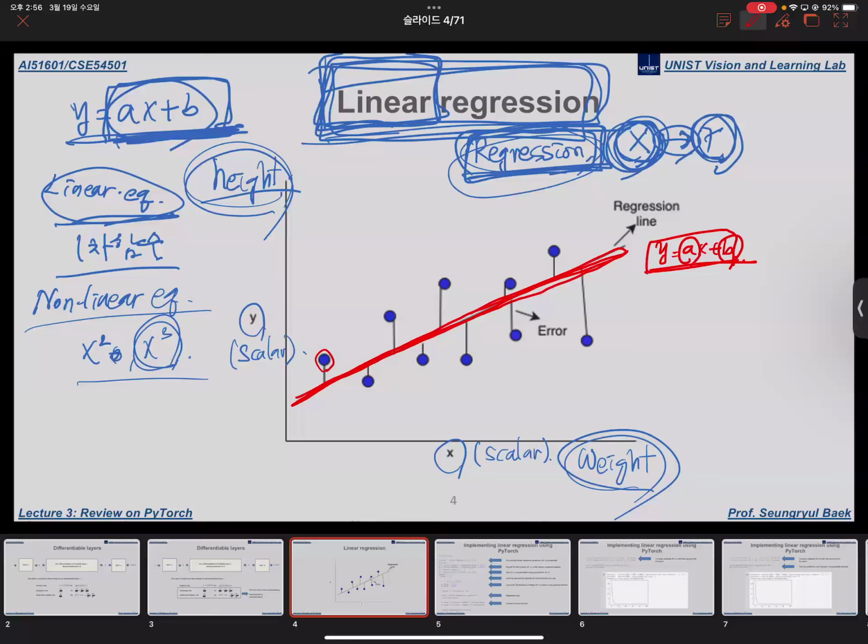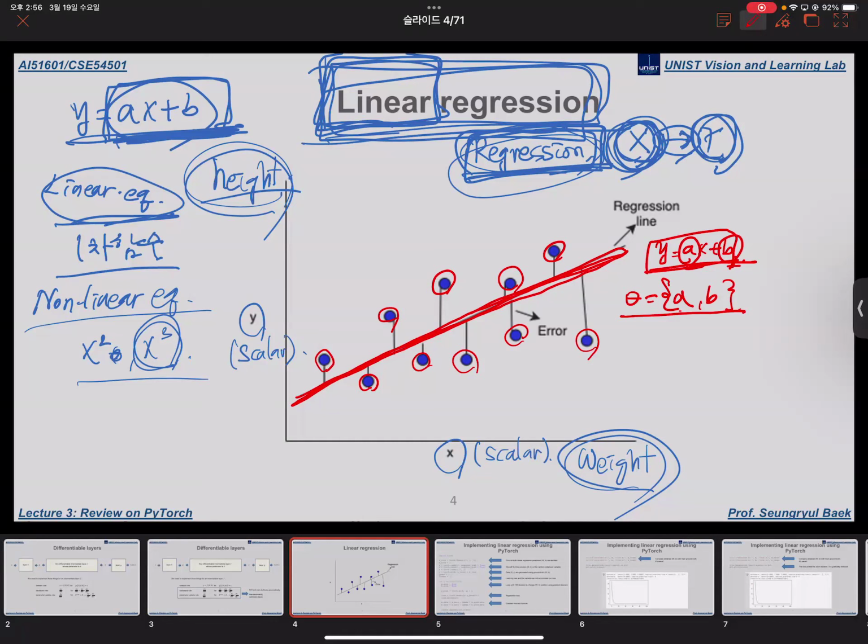Also, this blue point means some of the samples. These are the training samples given to you during deciding this A and B. In some sense, you can think of this A and B as the vector we have to train.